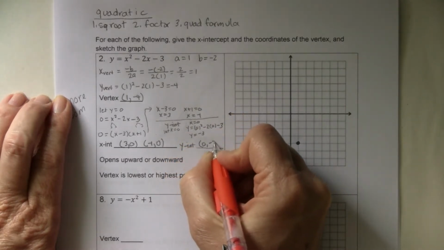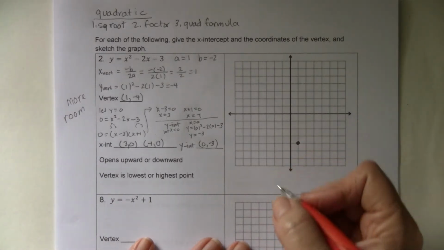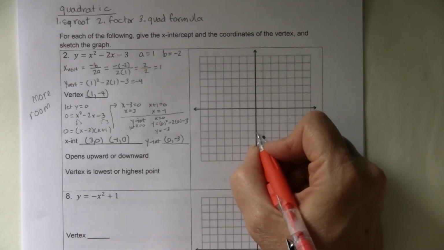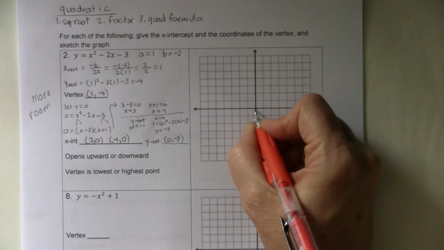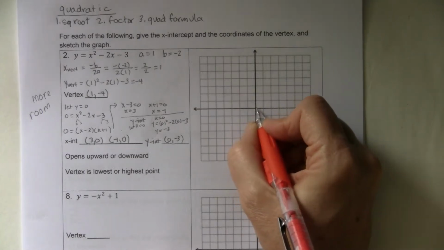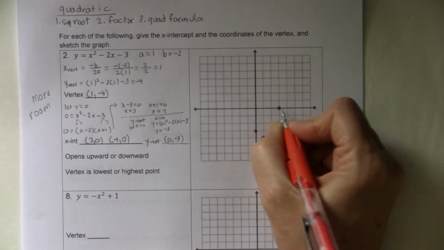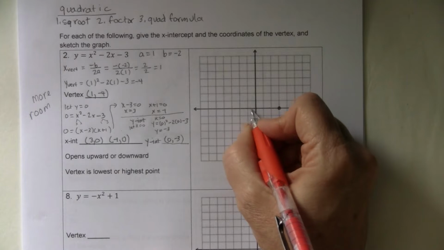So 0, -3. So I'm going to plot these 3 additional points onto my grid here. And so I have 0, -3, and I have 3, 1, 2, 1, I'm going the wrong way for 3, 1, 2, 3, and then it won't make a parabola looking thing, and I'll be like, what the heck? And then -1, 0.